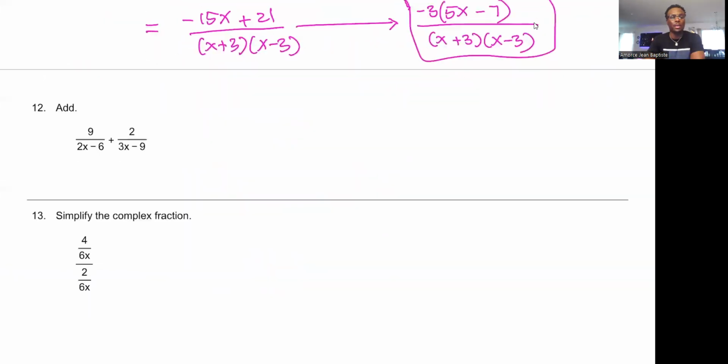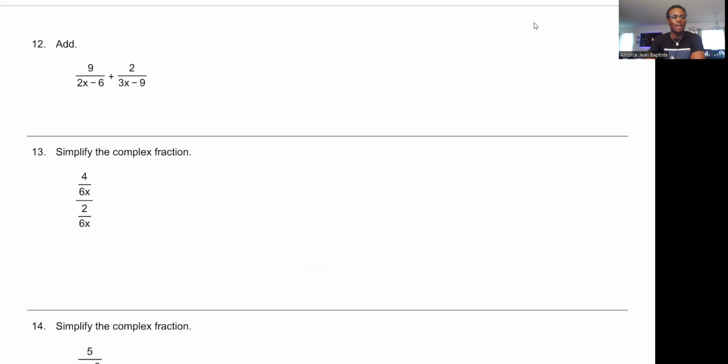Same thing happens here. We do not have a common denominator, so it's our job to find it. So let's go ahead and find it. First, let's factor completely if needed in the denominators. Factor always if needed. So 2 factor x minus 3, that's the 9 on top, plus 2 over 3 factor x minus 3.